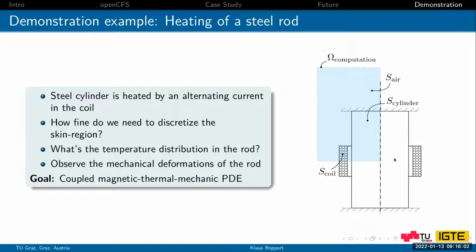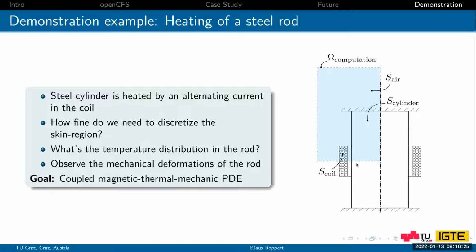So what we basically want to do is, we have a steel cylinder here that is, let's say, welded to a rigid structure at the top and at the bottom side. And around the cylinder, there's a coil, an induction coil that is excited by an alternating current.